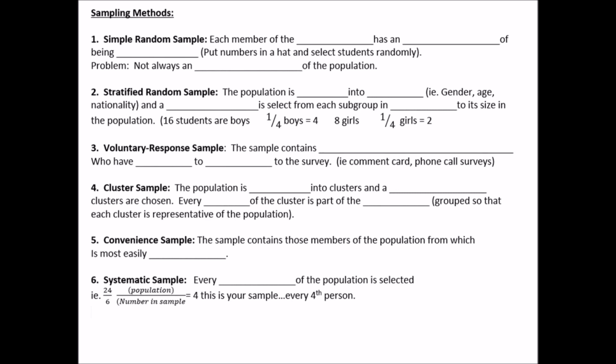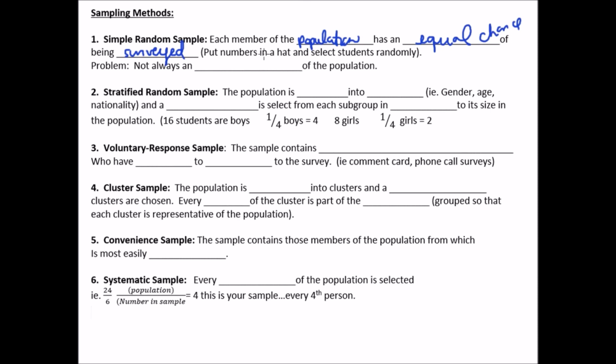Okay, so here are different sampling methods. Number one, simple random sample. Basically, each member of the population has an equal chance of being surveyed. An example of this is putting numbers into a hat and selecting students randomly.